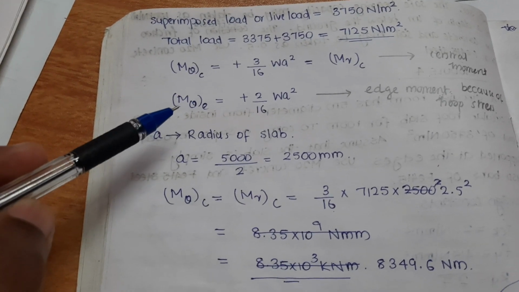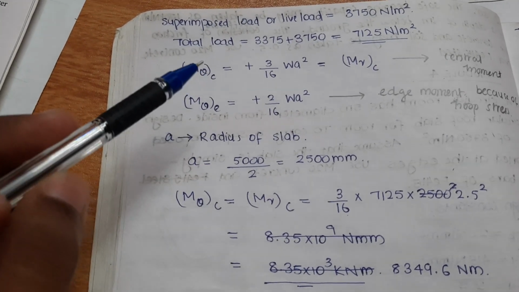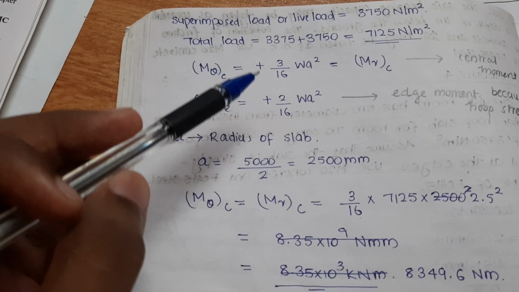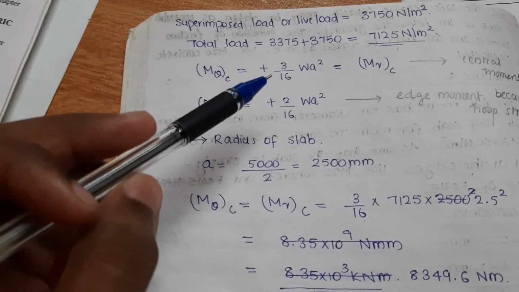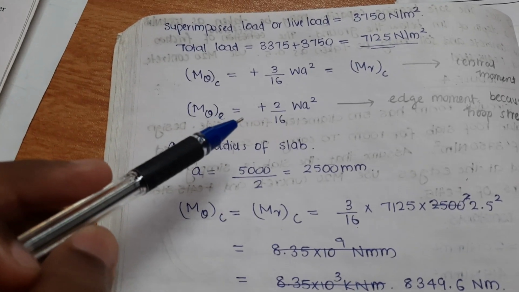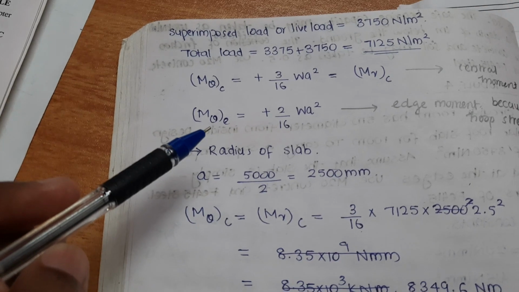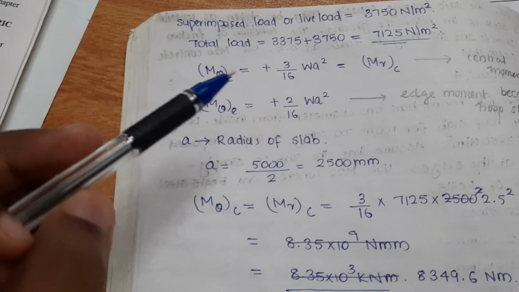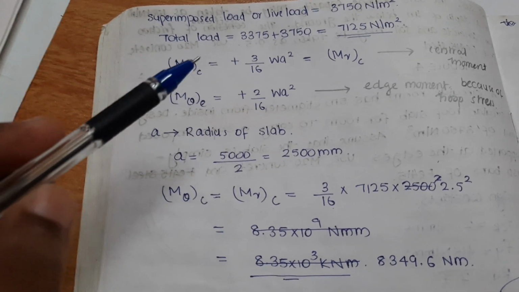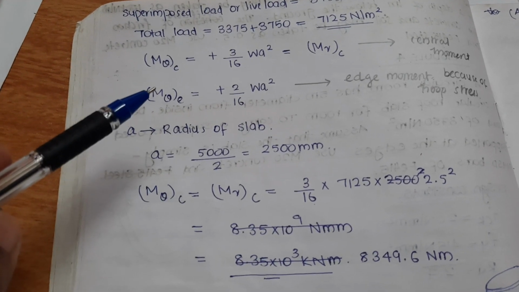That is, m theta E is 2 by 3 times m theta C. 2 by 3 into 3 by 16 is equal to 2 by 16. So we have these equations for moment.